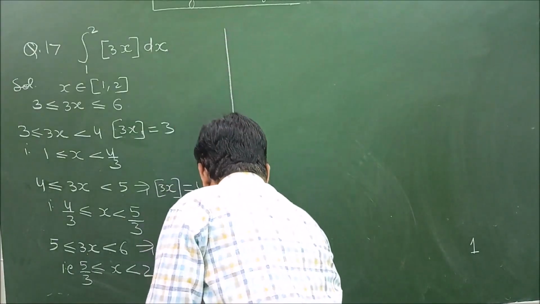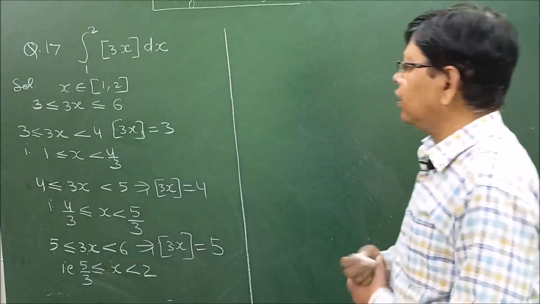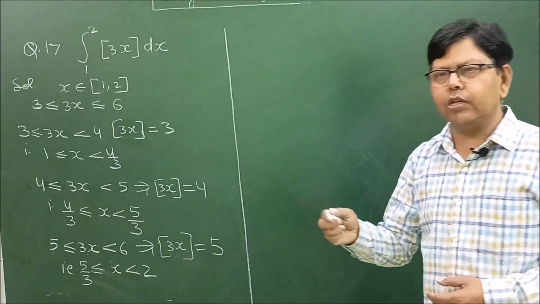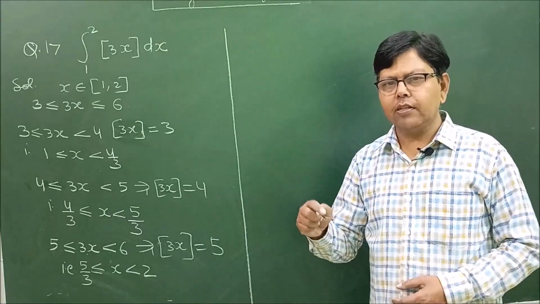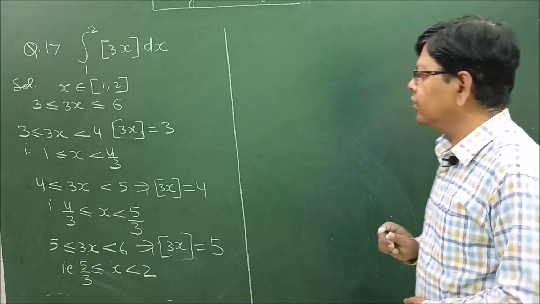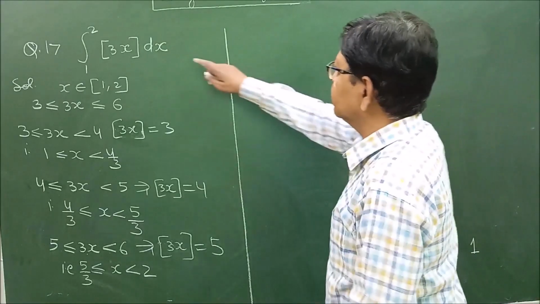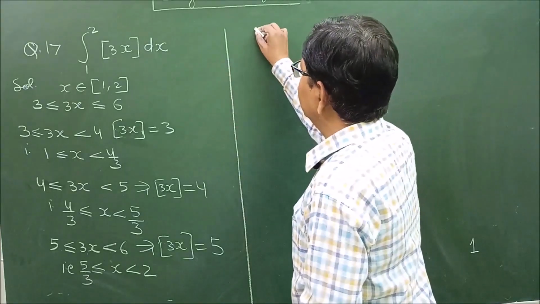Using the intermediate point property, that is from a to b, if there are points c and d between, so a to c, then c to d and d to b, using that property I can split this definite integral.